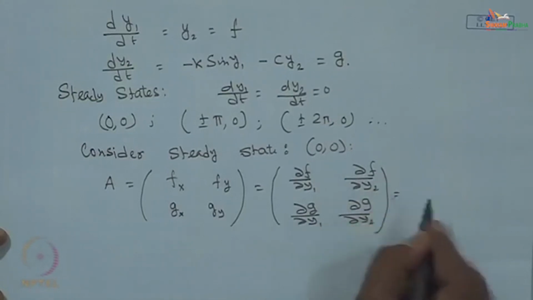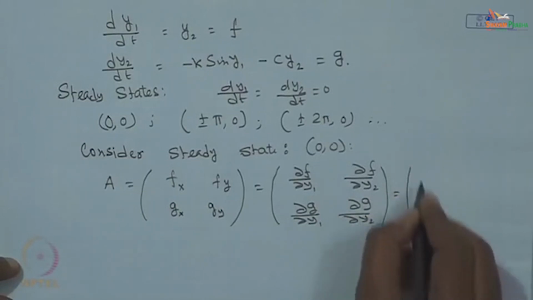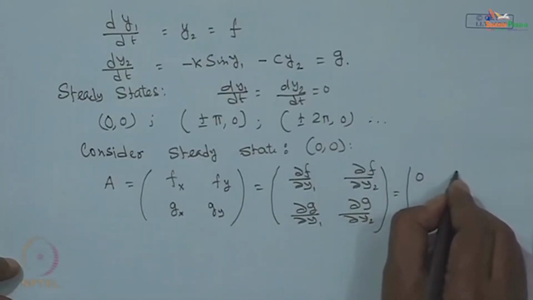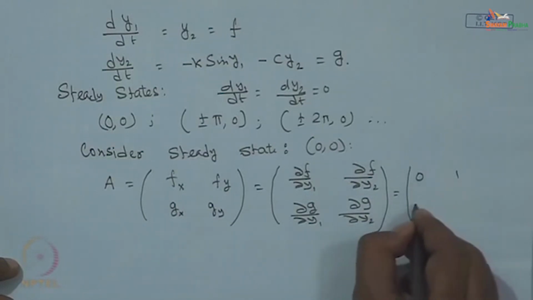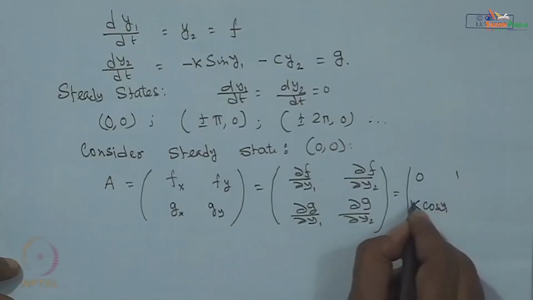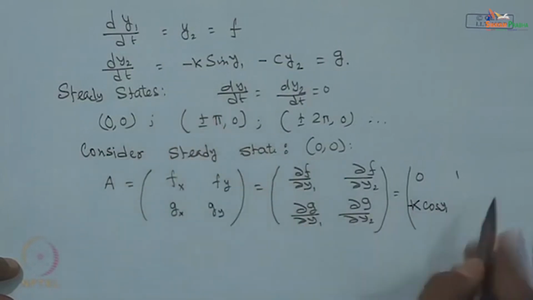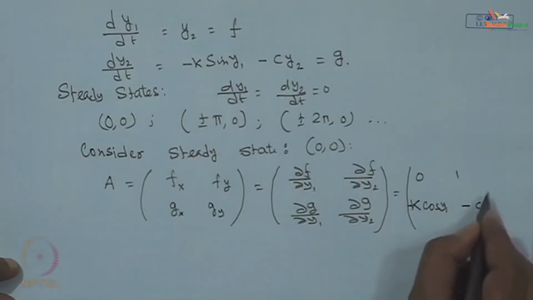And this becomes 0 for del f/del y1, del f/del y2 is 1, del g/del y1 will be minus k cosine y1, with a minus sign of course, because this minus is there, and del g/del y2 will be nothing but minus c.